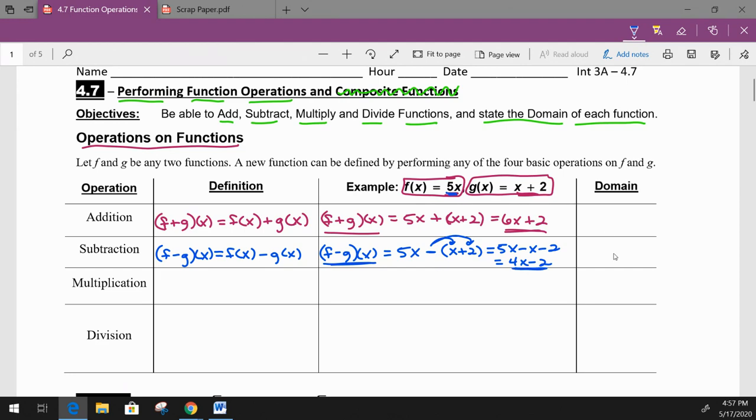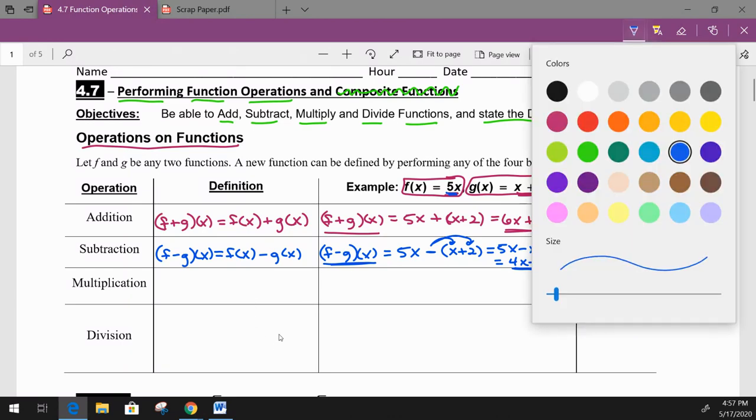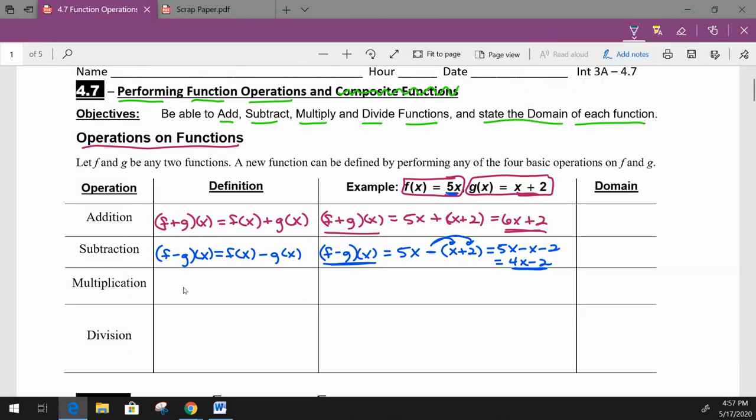I'm going to get to the domain in just a minute, but let's go ahead and finish our multiplication and division. So if I'm multiplying, it looks like this, where your f and g are right next to each other, and there's really no sign in between, and then you have your x after it. What this means is f of x times g of x.